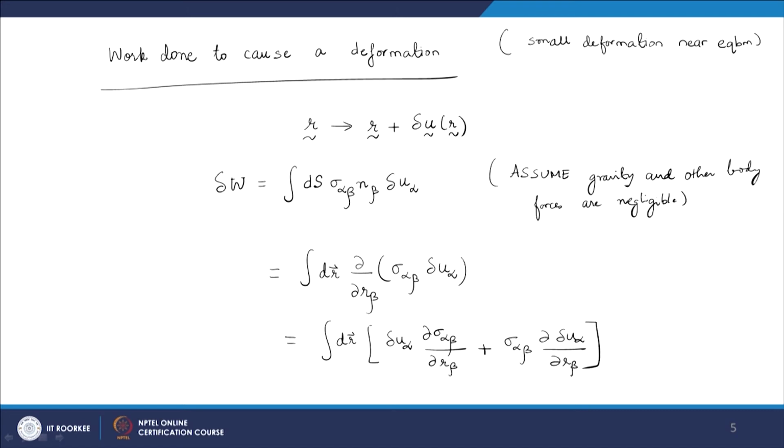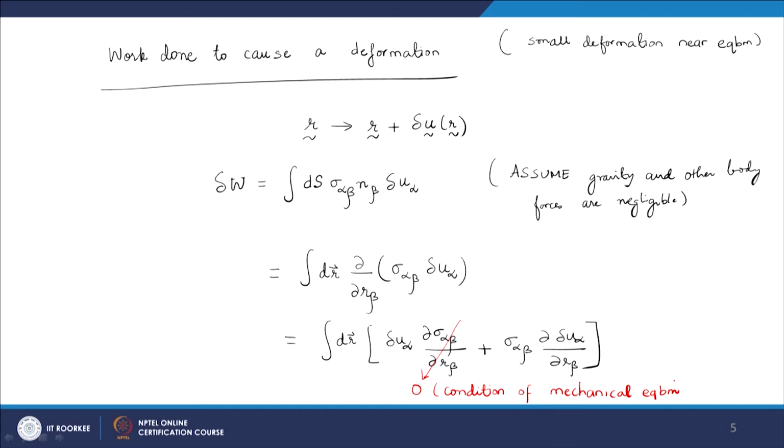Now, you can notice that the first term would be 0 because of the condition of mechanical equilibrium that we had discussed earlier, and the second term can be related to what is known as a strain tensor.